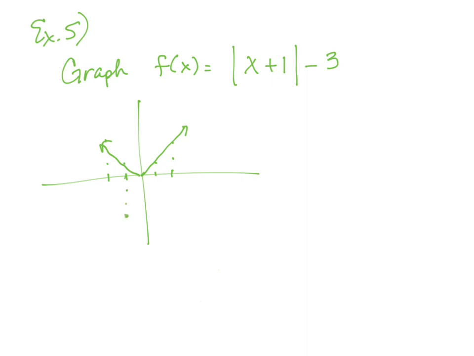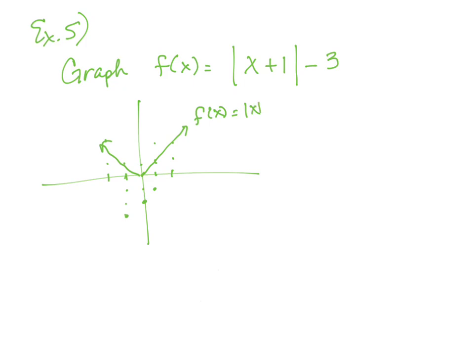There's my new origin, or my new vertex. Left 1, down 3. What is it, Patri? It doesn't matter what your function is. The original one, this is f of x equals absolute value of x.